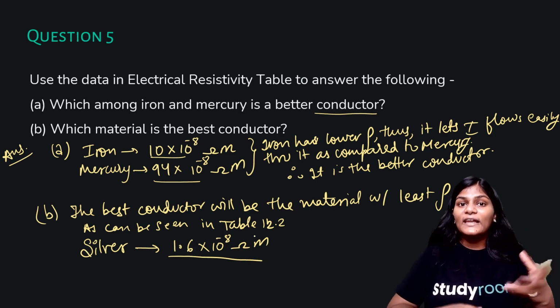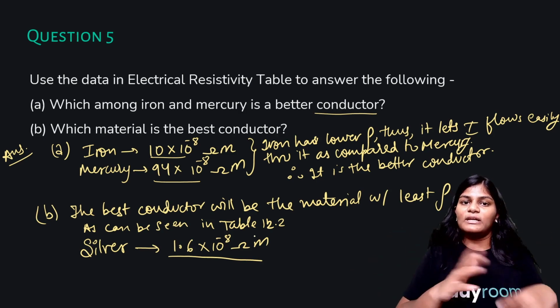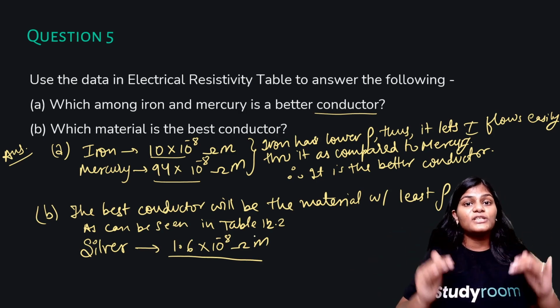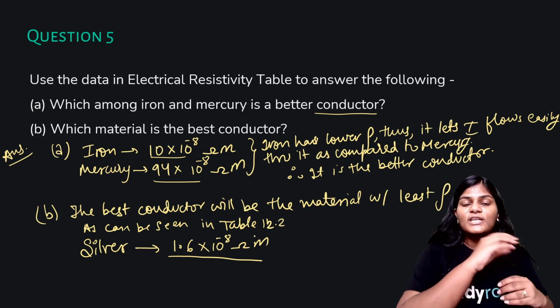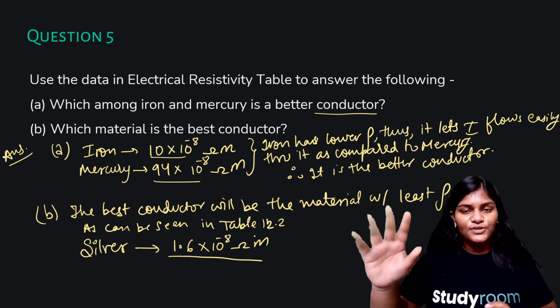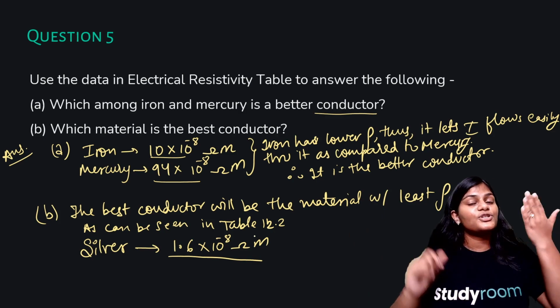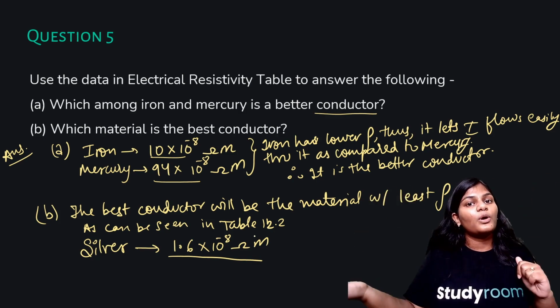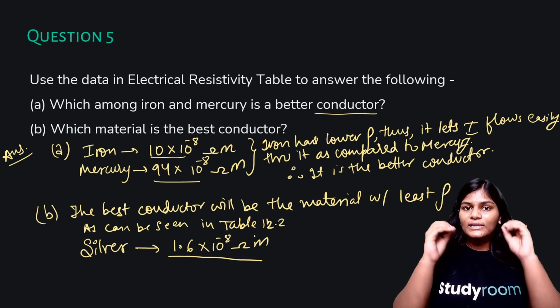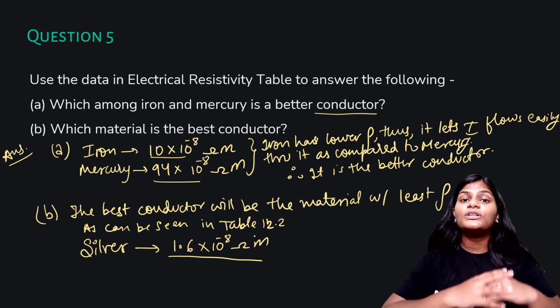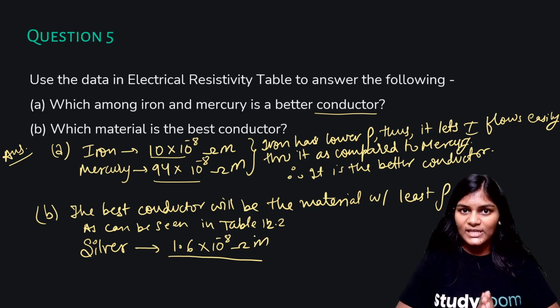The ones where the values are given and you just have to put and multiply and divide, yes, those are asked too. But the conceptual questions in which you just have to divide the R and R dash and find it out, or you are just told that the voltage is half and asked what would be the effect on current, you're not actually given values here, so it is a little more tricky. So you have to do these questions with utmost care.